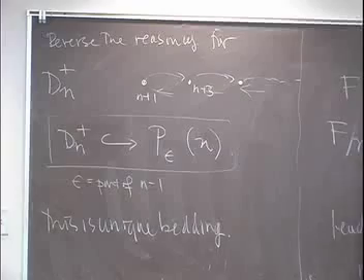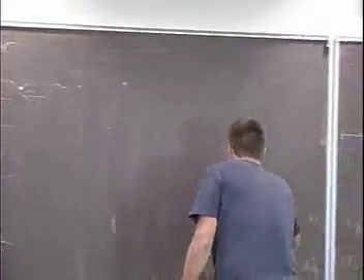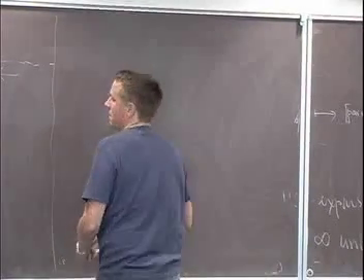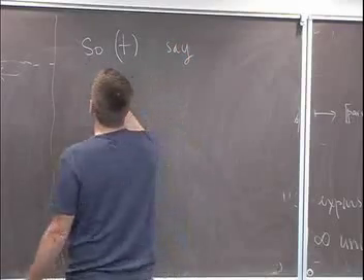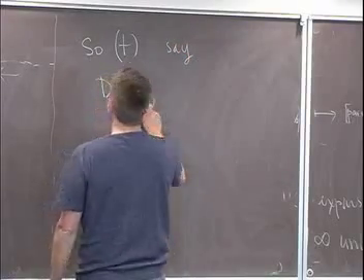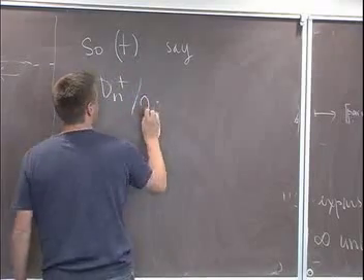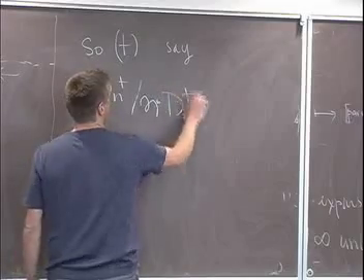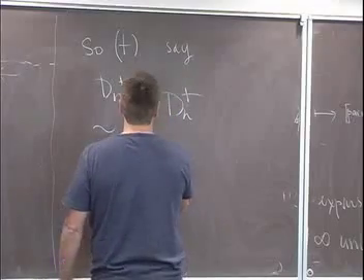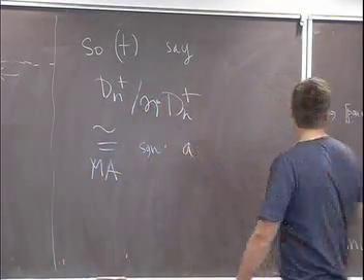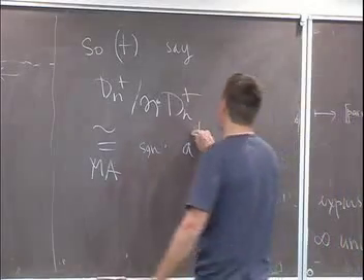So the Frobenius tells us that D n plus mod n, so we really have to make this a Gothic n, is isomorphic as an MA module to, well, there's some sign here, and the key is this A. Well, it's the opposite exponent, and so it's 1/2 n plus 1.